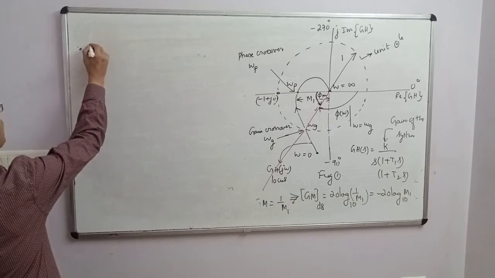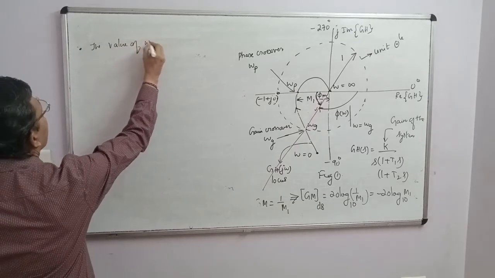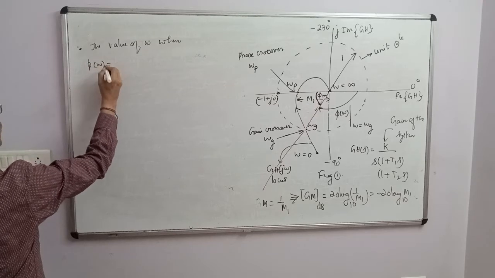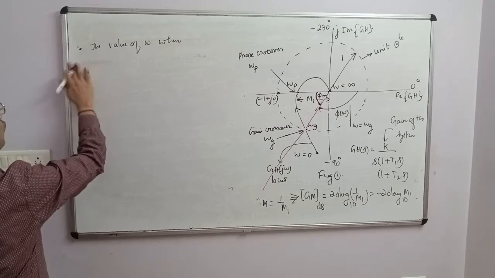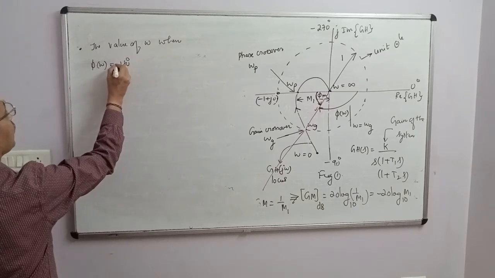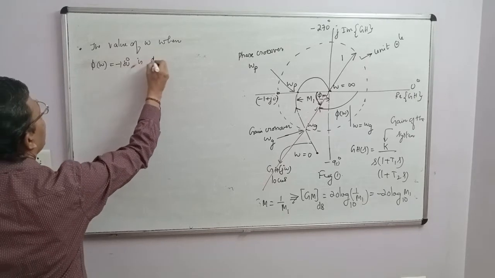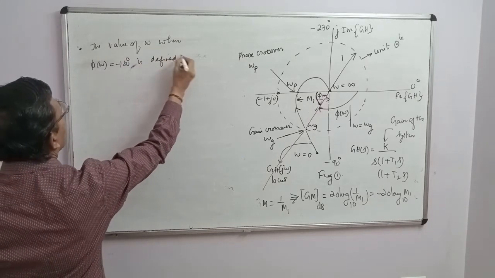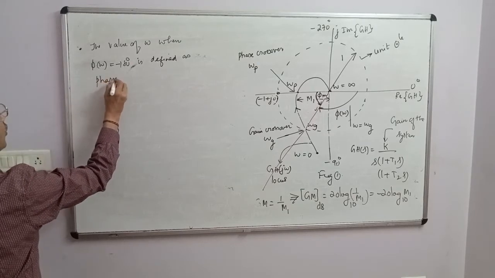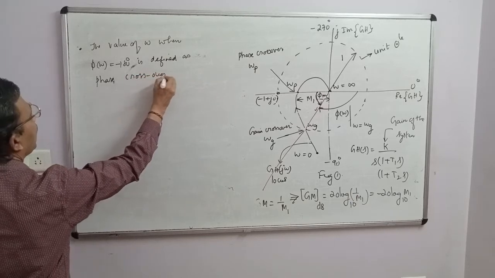Next, the value of omega when phi of omega equals minus 180 degrees is defined as the phase crossover frequency.